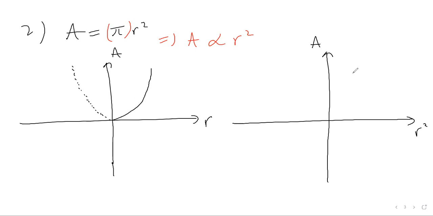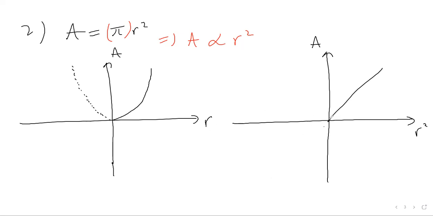Now, how about if we sketch a graph of a against r squared? This is actually just going to be a straight line, going from the origin again. Technically you could have a negative part there, but, no, sorry, my bad, that's incorrect. When you square a number, you will never get a negative value, because any number squared is always bigger than or equal to 0. So actually there's no line going down here.